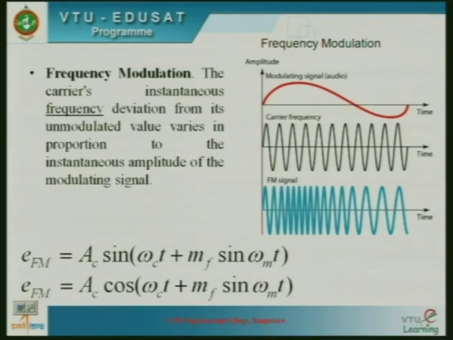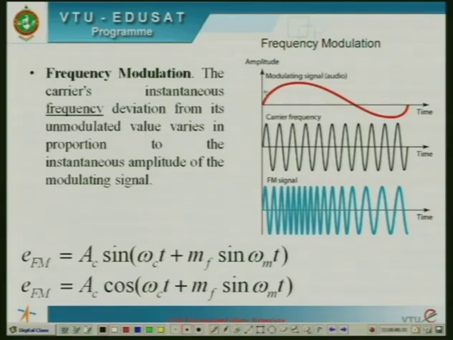Let us define frequency modulation. The carrier's instantaneous frequency deviation from its unmodulated value varies in proportion to the instantaneous amplitude of the modulating signal, and that is the basic definition of frequency modulation. Let me illustrate it with a simple graph. The instantaneous amplitude of the modulating signal is going to change the frequency of the carrier.